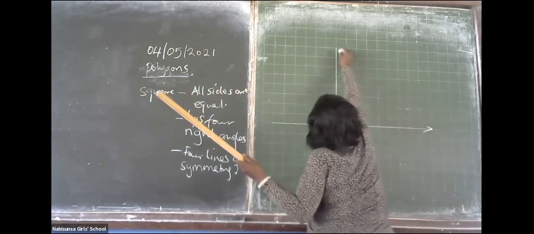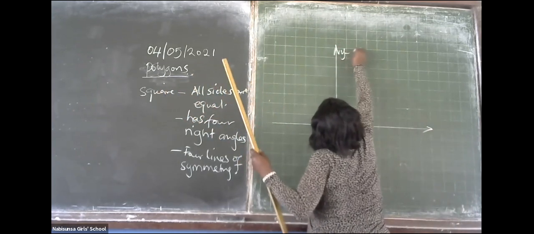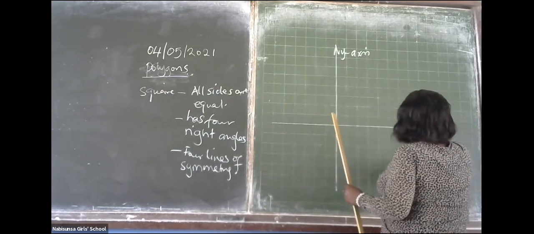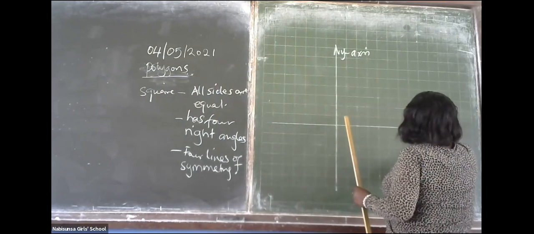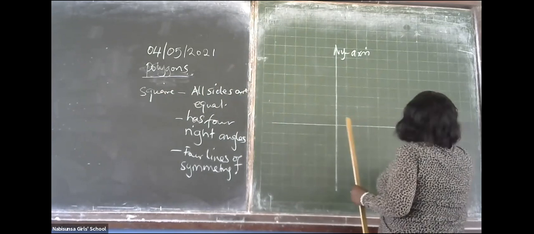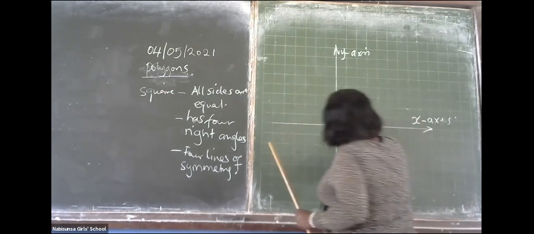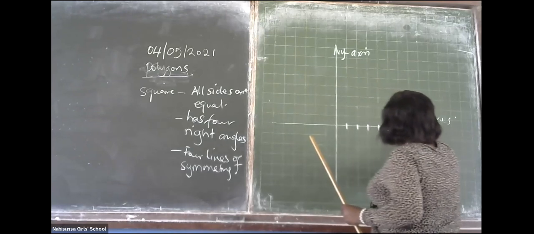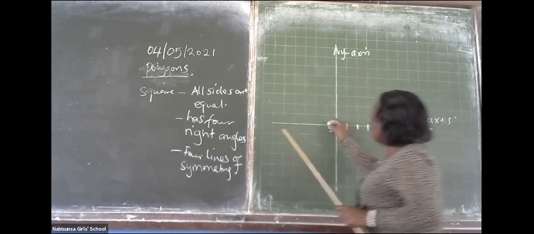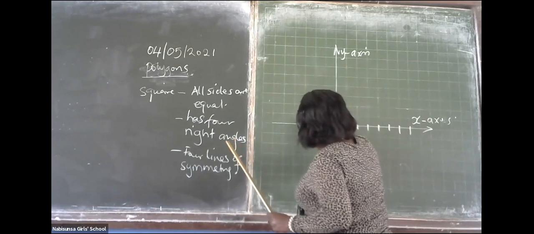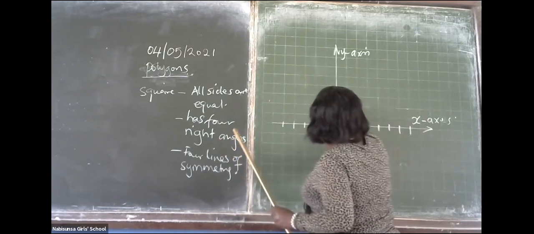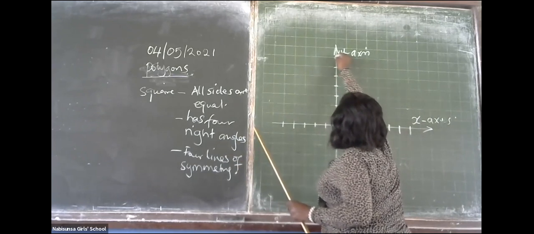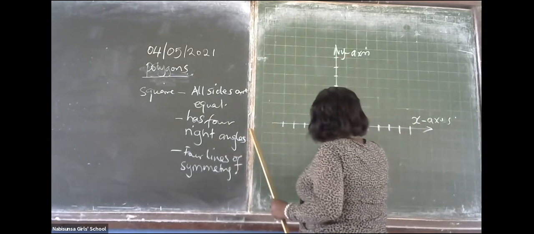So we have the X-axis, we have the Y-axis. Always label the axes. You can't draw a graph without labeling the axes. And always mark the axes so that we get to know where exactly the point we are talking about is.